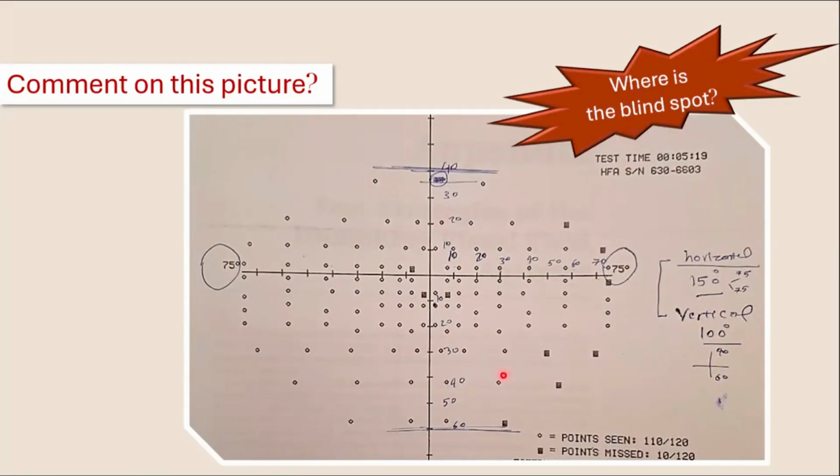Is it possible to have 75 degrees nasally and temporally the same like this? Normally, the nasal field is very limited. Let me give you a clue. Do you think this is a monocular visual field? Yeah, binocular visual field. Yes, exactly.